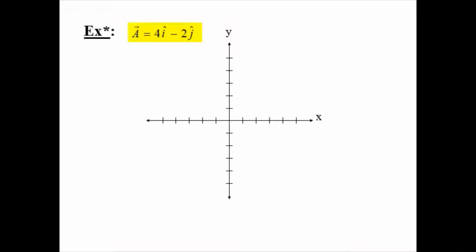Now, just to make sure you're understanding this method of writing vectors in component form, what I'd like you to do in this example is, you've got a coordinate system shown there. If you want to sketch that onto your piece of paper in front of you, you can do that. And I want you to draw for me vector A, assuming that vector A is equal to 4i minus 2j.